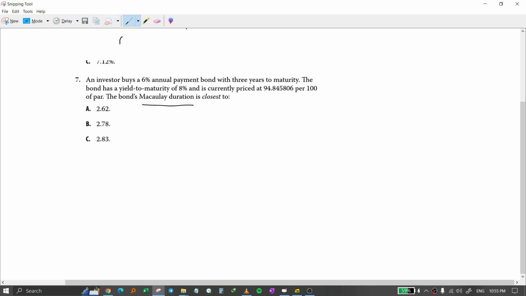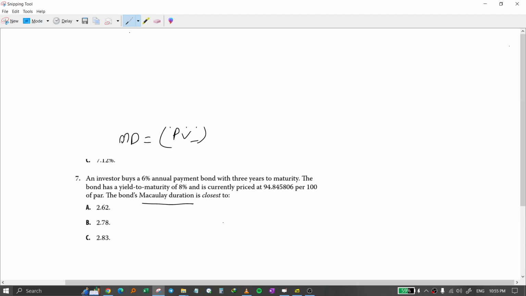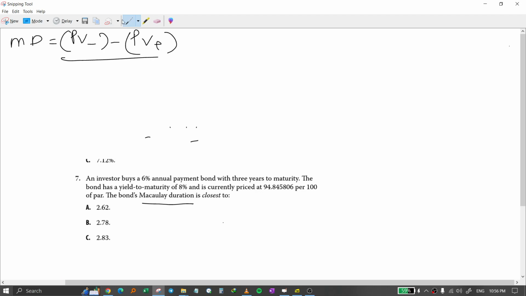First of all, you need to know modified duration. The modified duration is equal to PV minus minus PV plus, whole upon 2 into PV0 into the change in the yield.